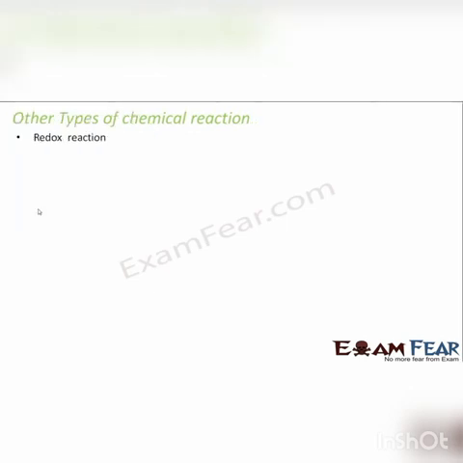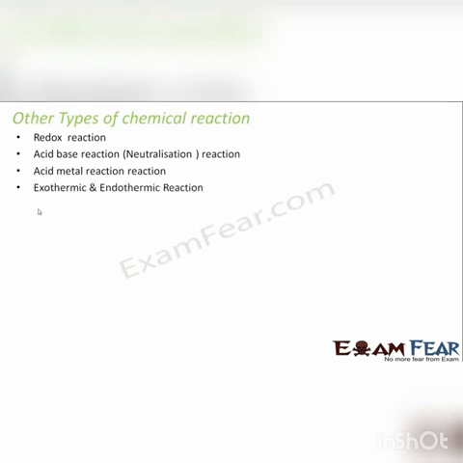But there are other types of chemical reactions also, based on property. Redox reaction is whether oxidation or reduction is going on. We'll explain this. Acid base reaction is whether the reaction is between acid and base. Acid and metal reaction. Exothermic and endothermic is whether the reaction gives out heat or we have to provide heat for the reaction.